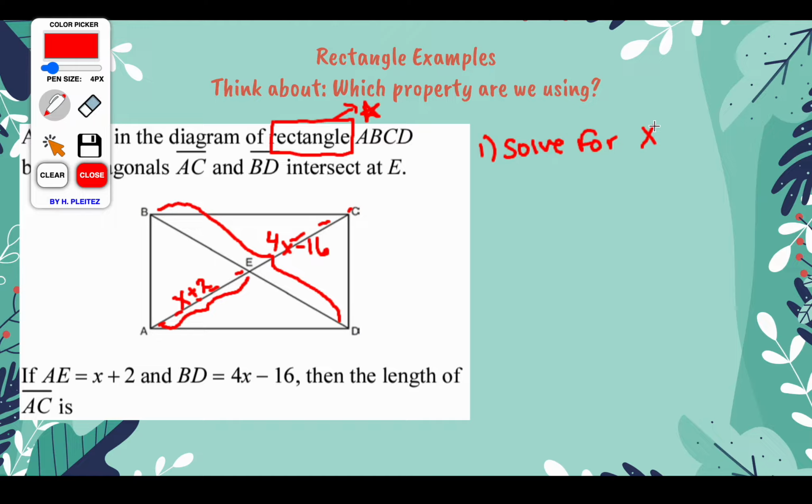So this question isn't really talking about angles. So I know I'm going to use property number 2. I know I'm probably going to end up using the fact that diagonals are congruent, right? This is huge. And I know this is a dead giveaway because otherwise it wouldn't matter that it was a rectangle. It's telling us that it's a rectangle because we're going to be using the fact that diagonals are congruent.